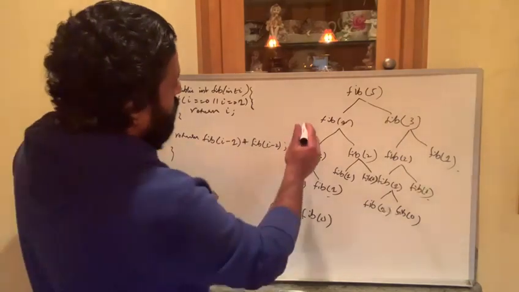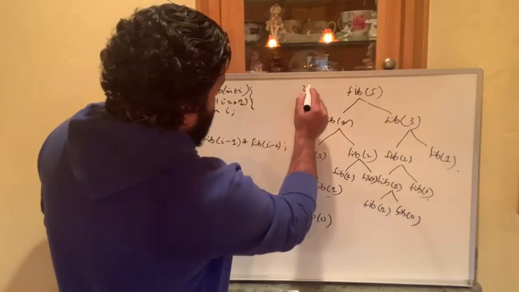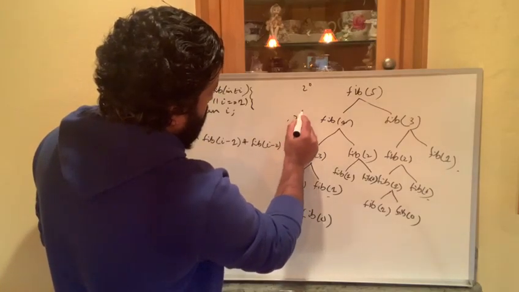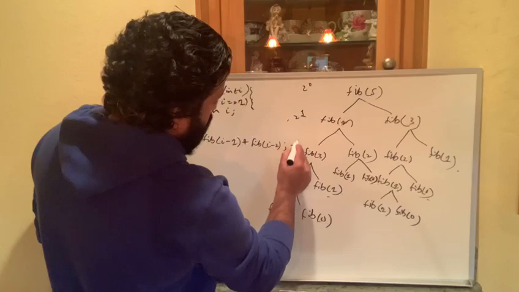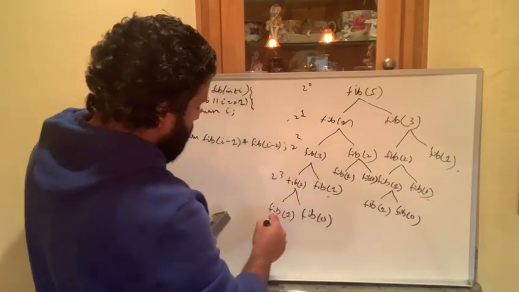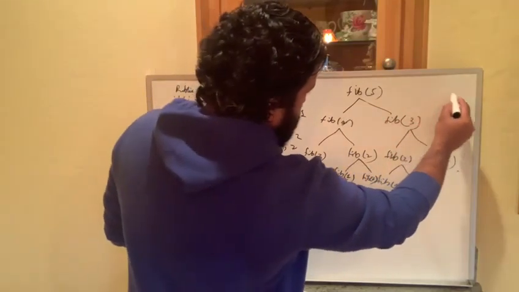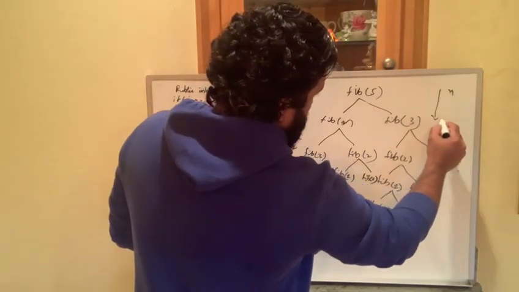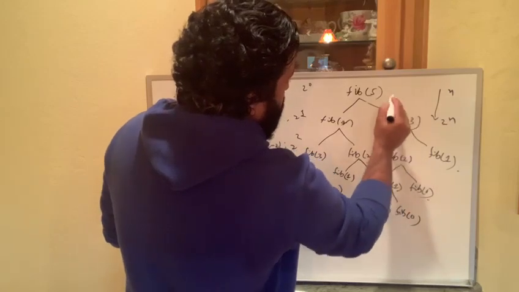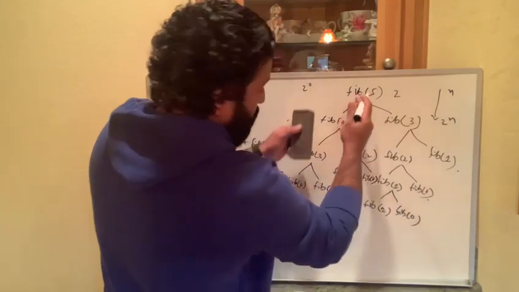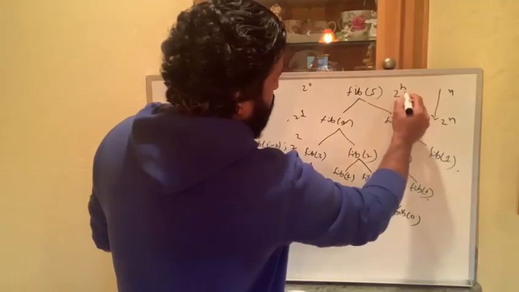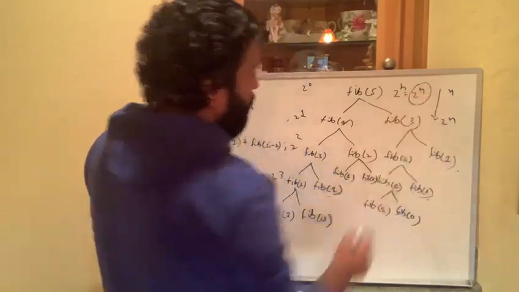So it's 2 power 0 here, that is 1, 2 power 1, that is 2, 2 square, we have 4, and then 2 cube, 8. So the branching factor is 2, because there are 2 branches, raised to the height. The height is the number of levels of the tree, so it's going to be order of 2 power n.